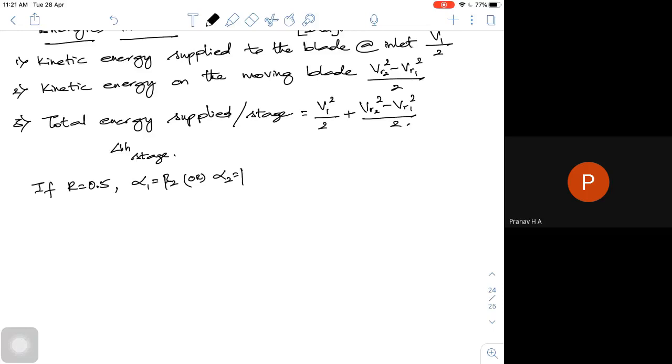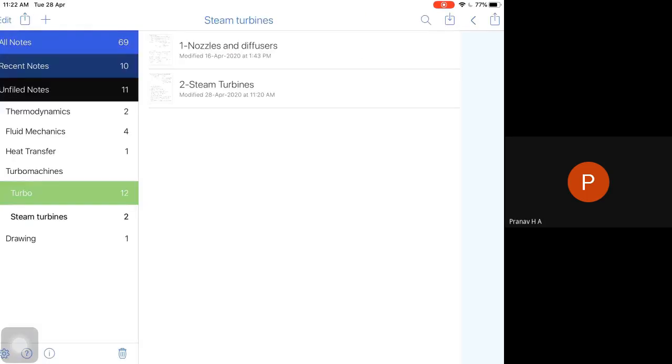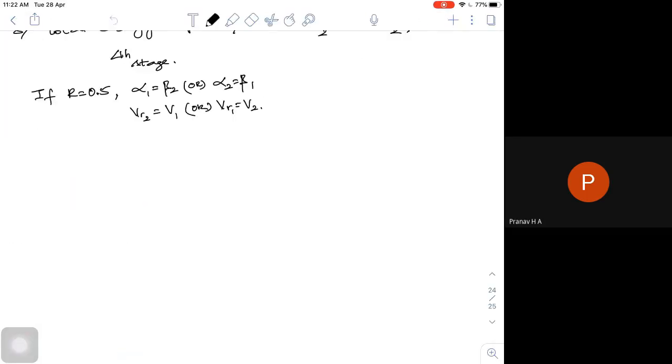So for the first condition, VR2 is equal to V1, or my VR1 is equal to V2. So what will happen to your corresponding delta H per stage?